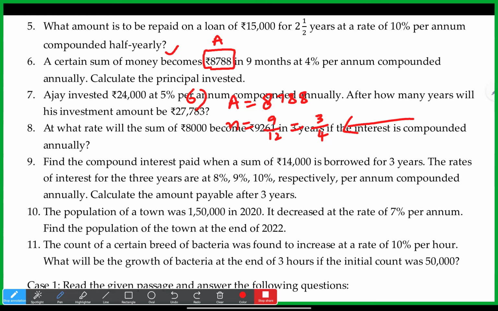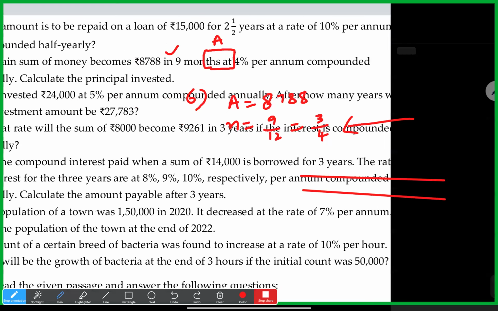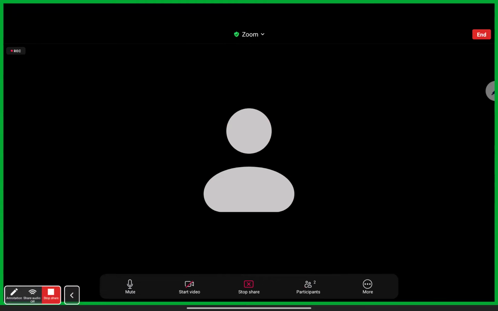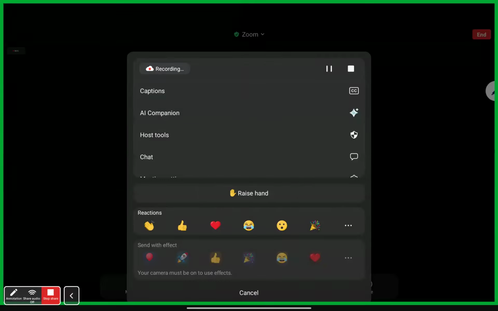So for that reason, let us take the 9 months one as a, we will split it into parts, Ishwa.